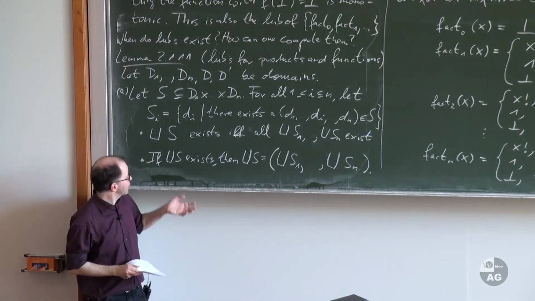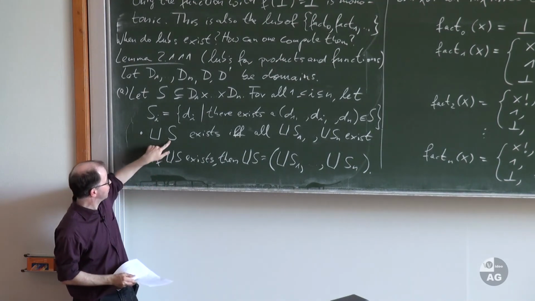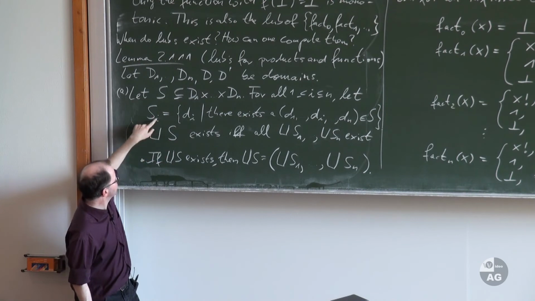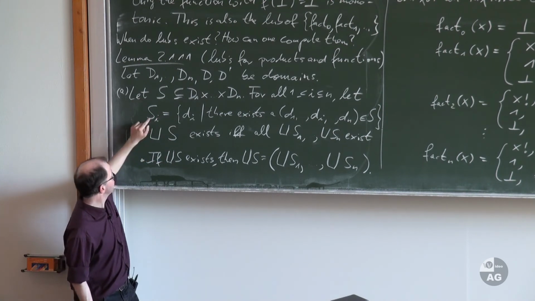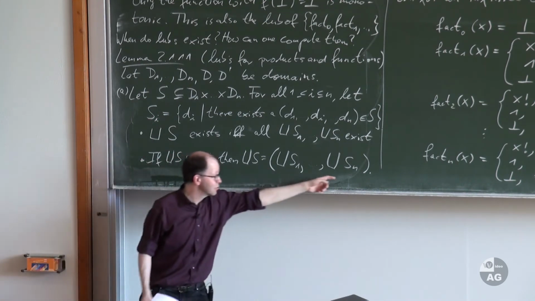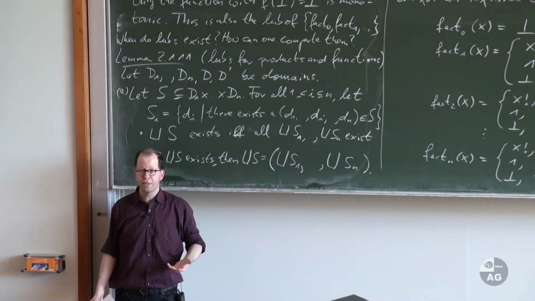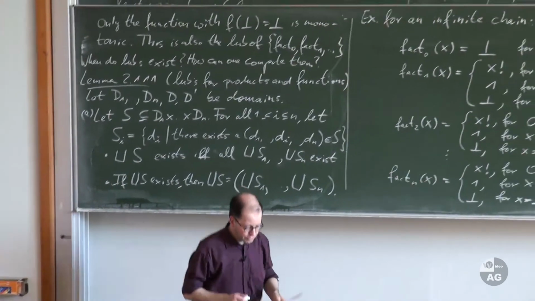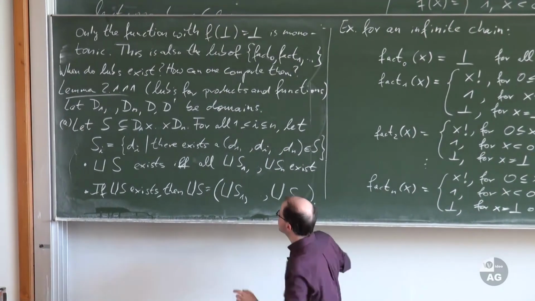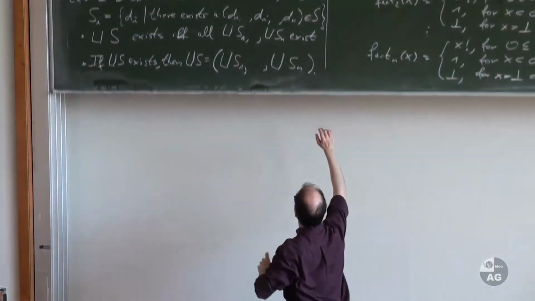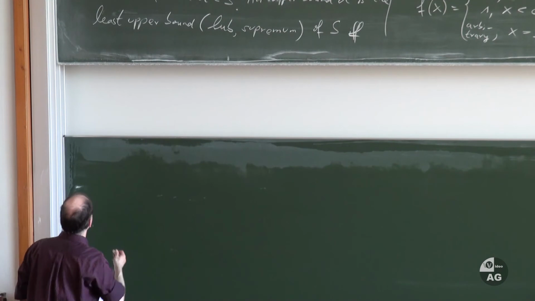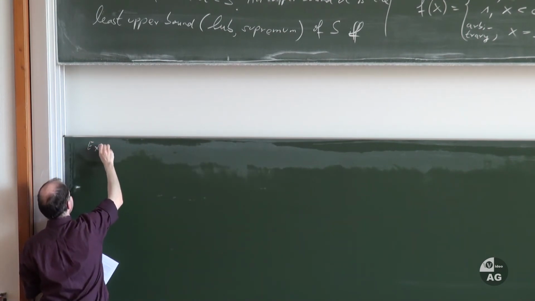So if we want to compute the least upper bound of such a set of tuples, we build these projections, we compute their least upper bounds, and then we put them together into one tuple again, and that's it. So before I continue the lemma, let me illustrate this by an example.